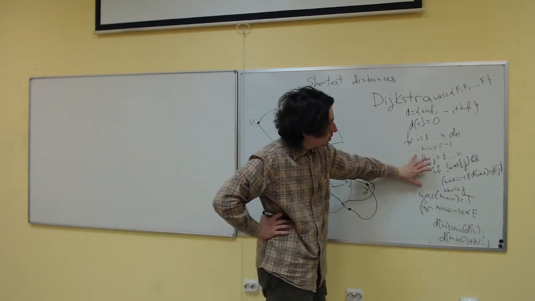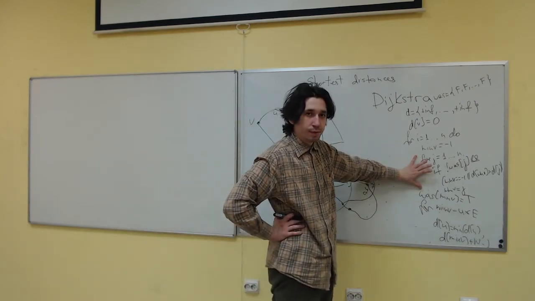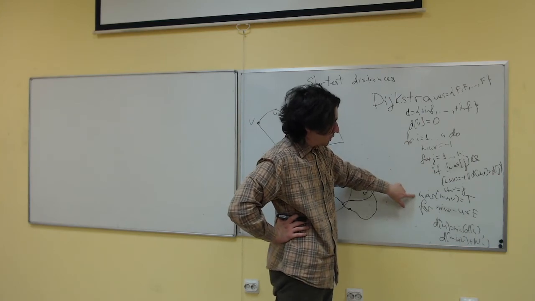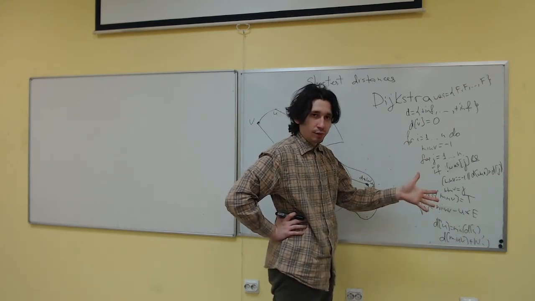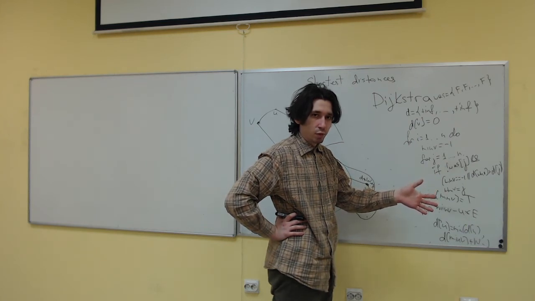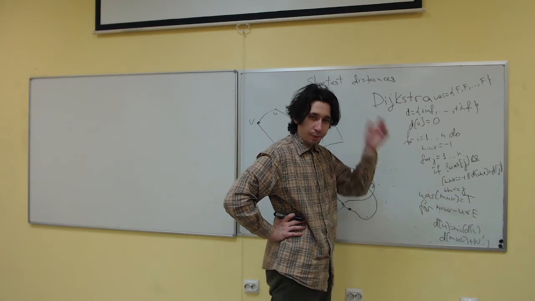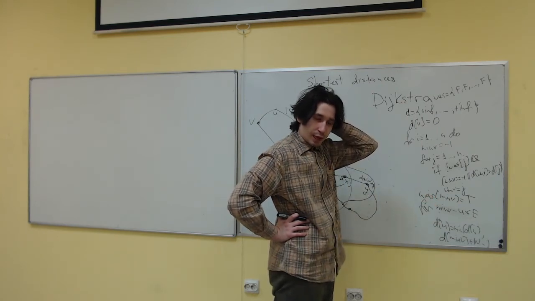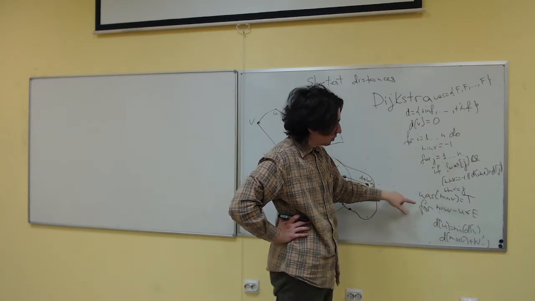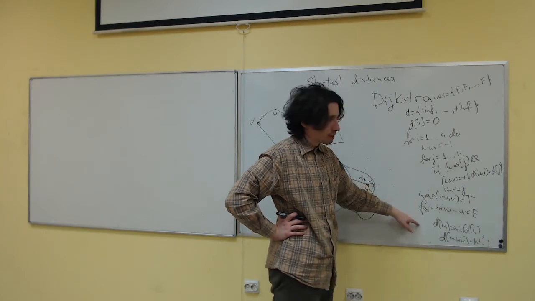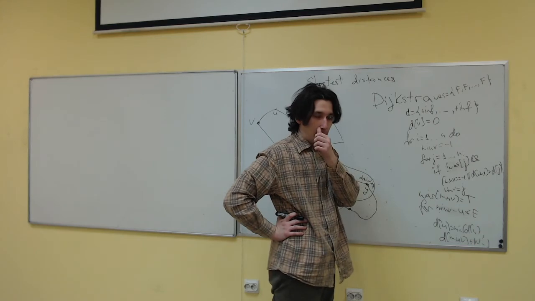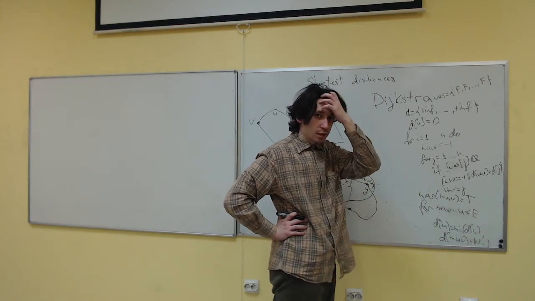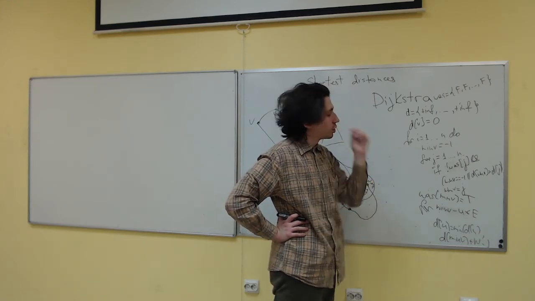So you find the minimum over the tentative distances, and you iterate over all the edges that are outgoing from it to update the tentative distances of other vertices. Kind of relax the tentative distances by adding one vertex and coming from the distance set with one edge.